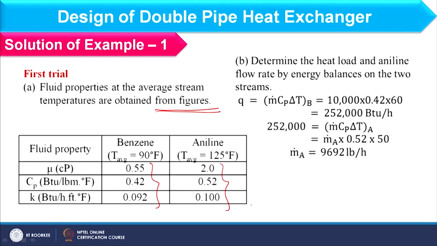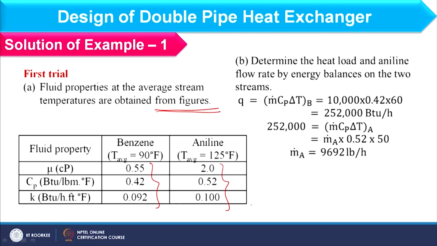Along with that, you already know the density data, that is, the specific gravity of the fluids is known to you, right. So, considering these properties, we will first calculate the heat duty of the exchanger, fine. Let us determine the heat duty, and further we will calculate the aniline flow rate, because here 10,000 pound per hour flow rate is given corresponding to benzene only.